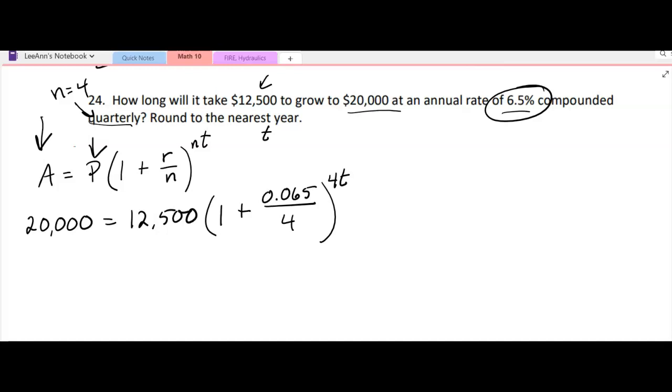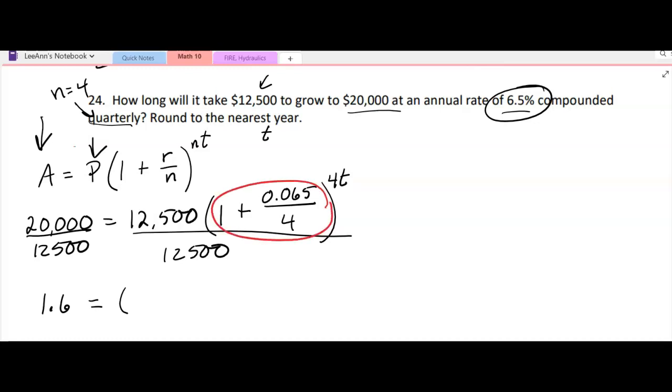Okay, so we're going to do it very similar to the previous problems. We want to get that variable by itself. So divide by the 12,500. And we're going to get 1.6. So that was nice, 1.6. And then this, I went ahead and did this. A lot of students do this.